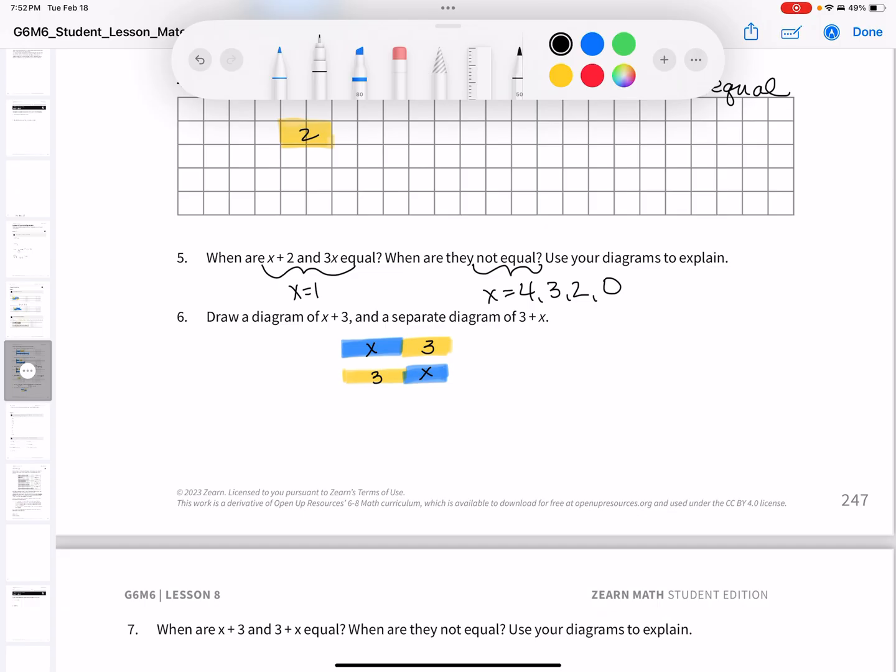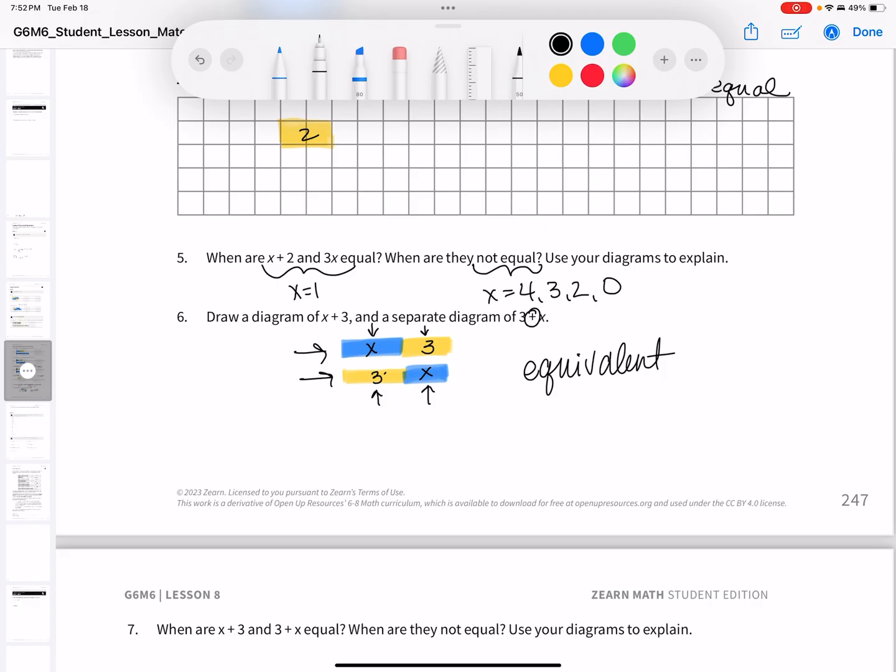So again, because they have the exact same numbers, just in a different order, and it's addition, and you can add in any order, they are going to be equivalent every time. No matter what x is, the equation x plus 3 and the equation 3 plus x are always going to be equivalent.